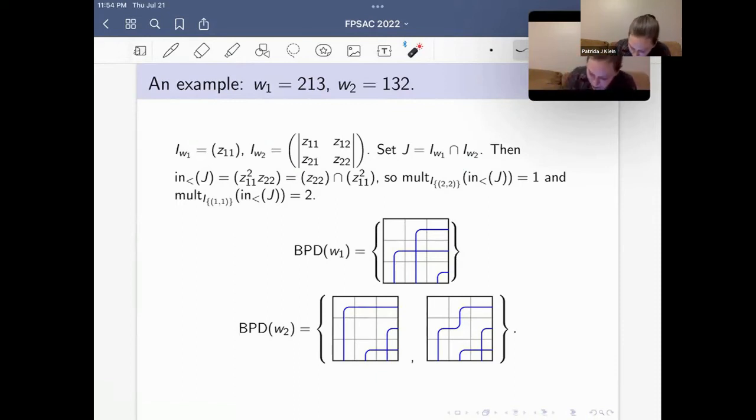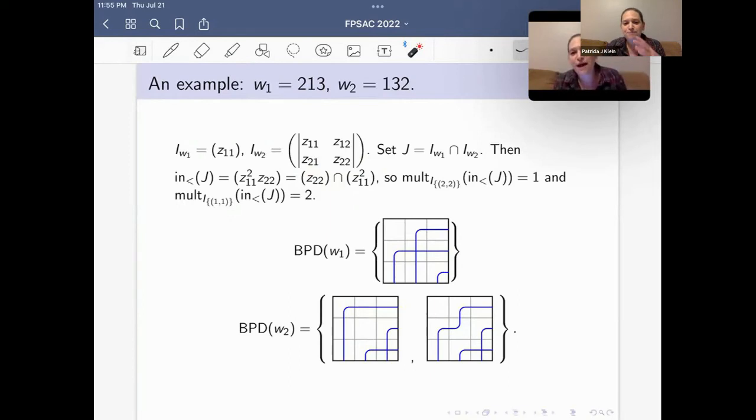So here are all of the bumpless pipe dreams associated to these two permutations here. These bumpless pipe dreams just have one blank tile. This one's at 2, 2. That's giving us this 2, 2 in the initial ideal. This is a 1, 1, and that's a 1, 1. And that's telling us that we have two copies of the prime Z1,1 in our degeneration.